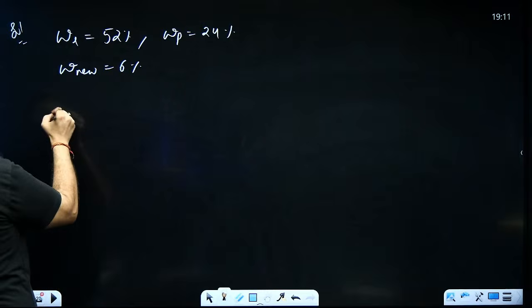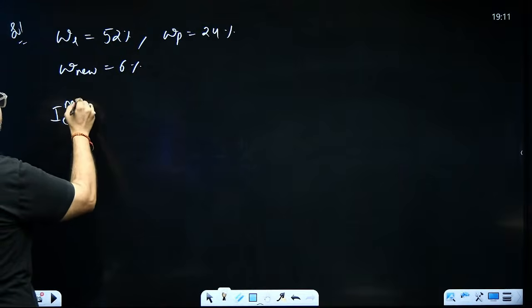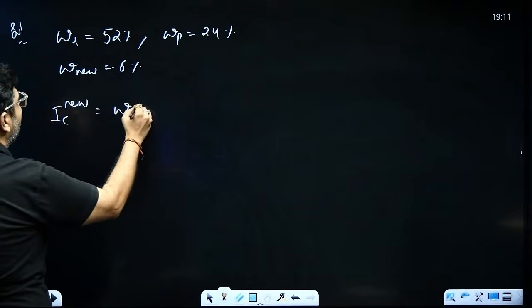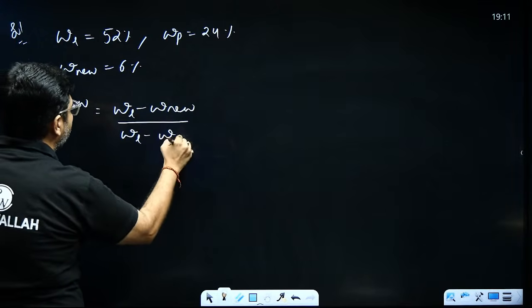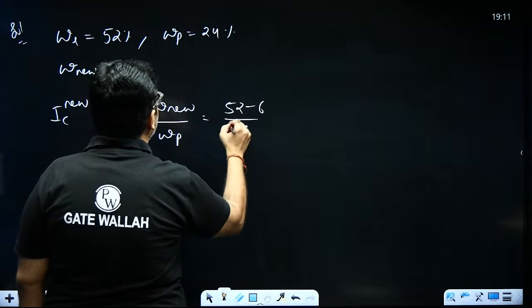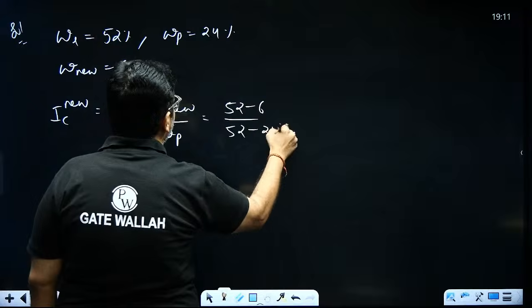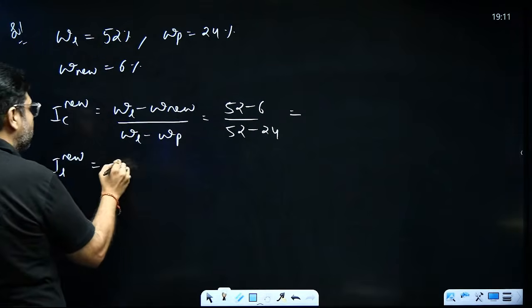So, earlier the natural moisture content was given just to confuse you. IC new is equal to what? WL minus W new upon WL minus WP, that is 52 minus 6 upon 52 minus 24. Tell me how much. And IL new is equal to how much?